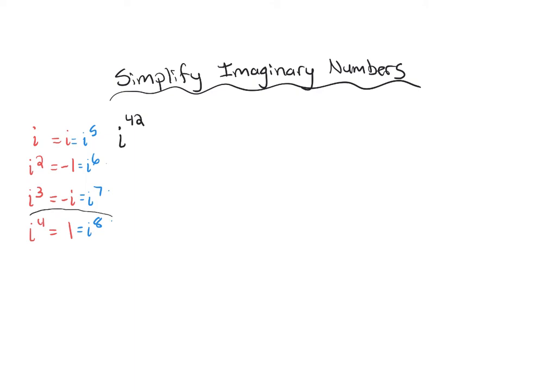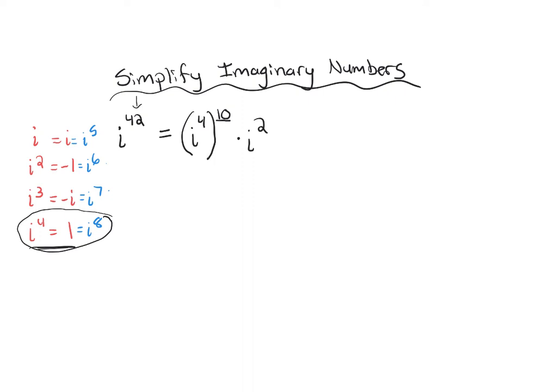We're going to use this right here, the fact that i to the 4th equals 1, to help us simplify this. So I'm going to break this up into i to the 4th, raised to a power that gets me really close to 42. 42 is not a perfect multiple of 4. But if I multiply by 10, that gets me to 40, and then how many are left over? 2.